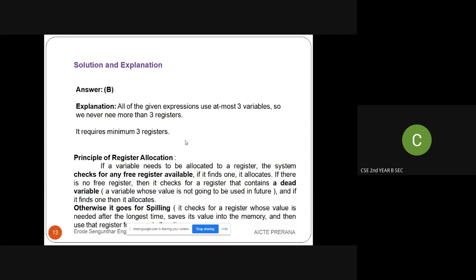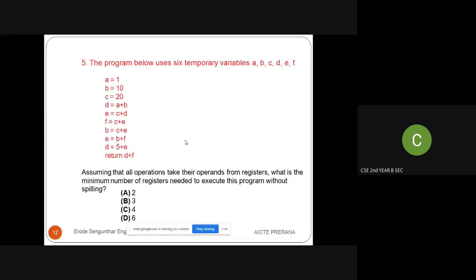Consider this operation itself, where we have a, b, c, d, e, f, g. Suppose h is a new temporary variable I have added. If I have not performed any operation using the h variable, then that h variable will be considered a dead variable.